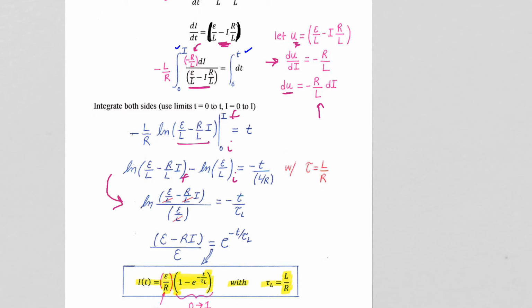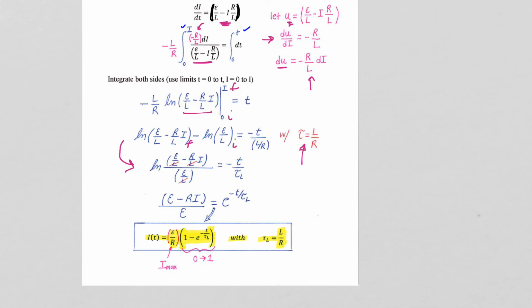Property of logs. We have our time constant, L on R. Henries divided by ohms is a second. We're going to make sense of the time constant in a very similar way as we did for the RC circuit, and the rest is algebra.